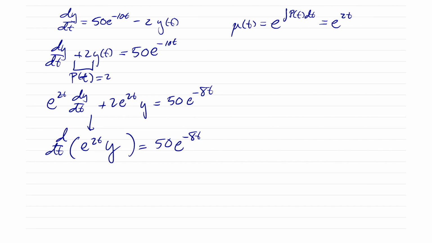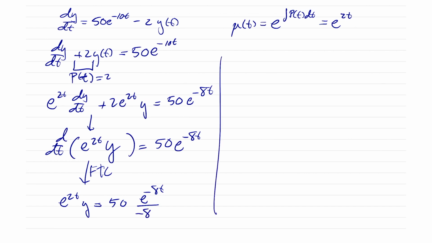Sorry about that. All right, now I integrate both sides, and I use the fundamental theorem of calculus. And so I get e to the 2t times y is equal to 50 times e to the minus 8t, and we're dividing by minus 8. So then I get plus c, and then I get this. I get y of t is equal to 50 over minus 8 times e to the minus 8t plus c, divided by e to the 2t.